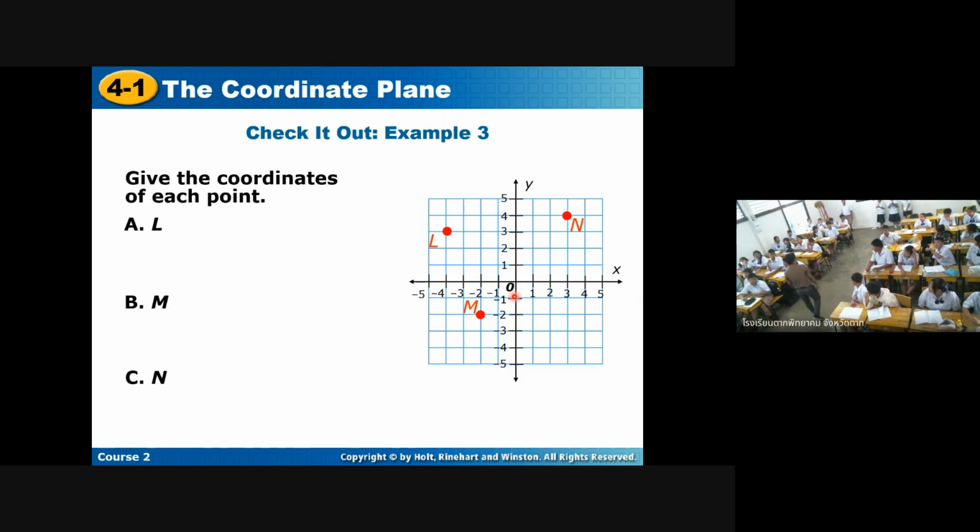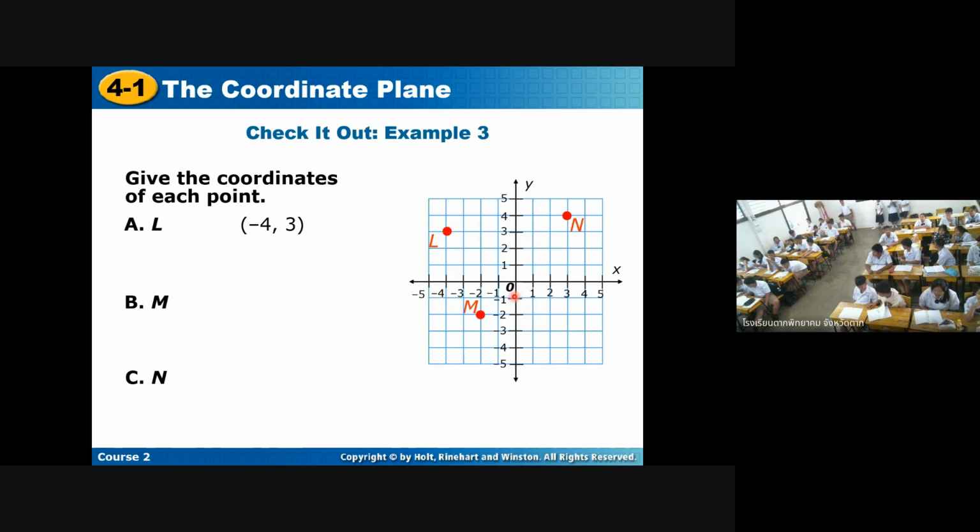Yes, tell me. What are the coordinates of point L? Negative 4 comma 3. It is correct. Negative 4, positive 3. So the answer is negative 4 comma 3.